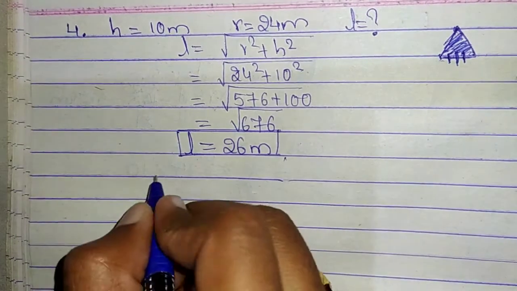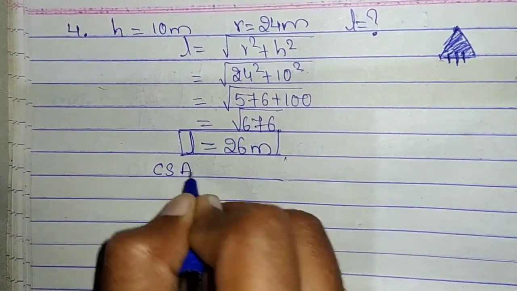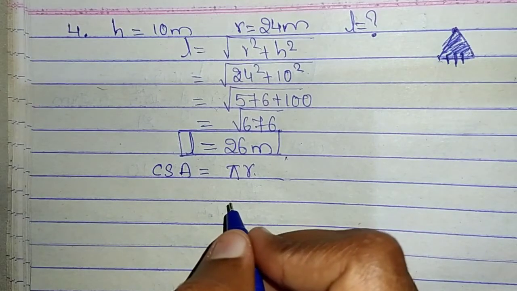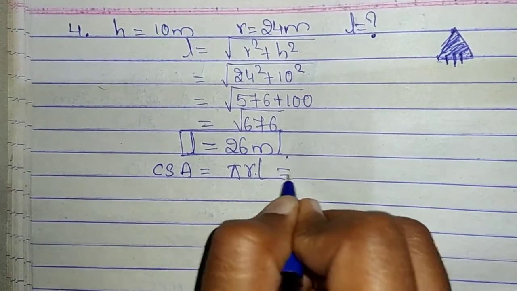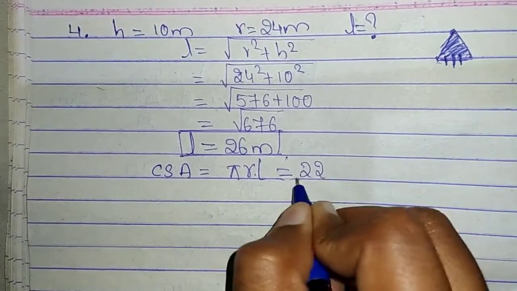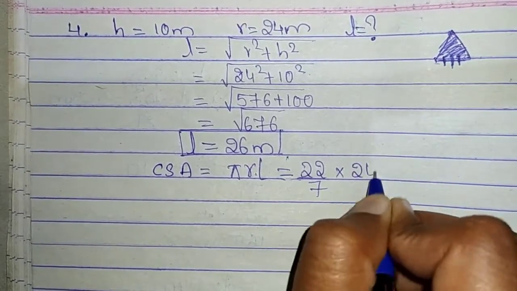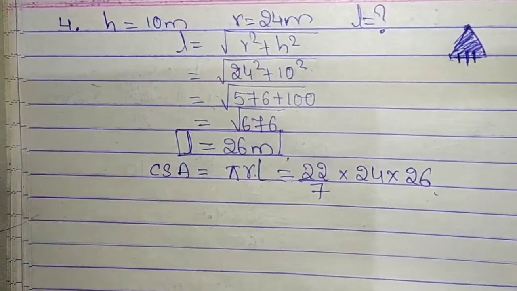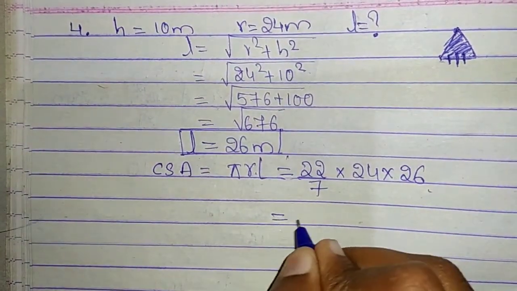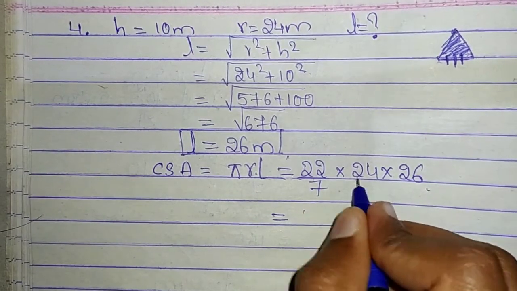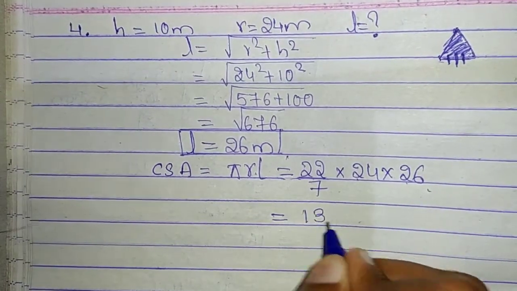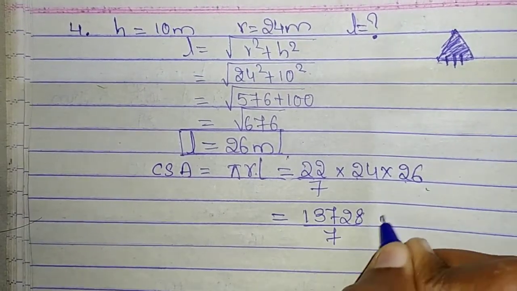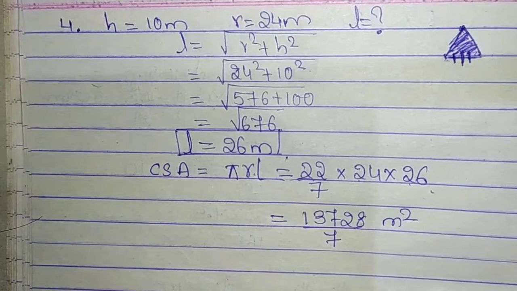To find the cost, first we need to find the CSA of the tent, which is equal to pi RL, which is equal to 22 by 7 into 24 into 26. On multiplying and simplifying, 22 into 24 into 26, we get 13,728 by 7 meters square. So this is the curved surface area.